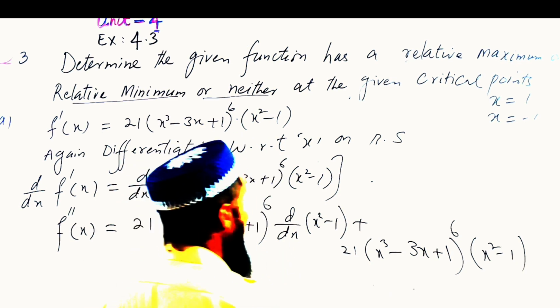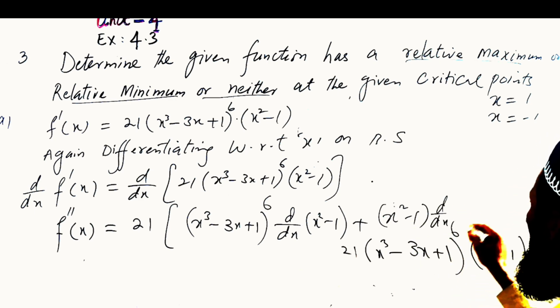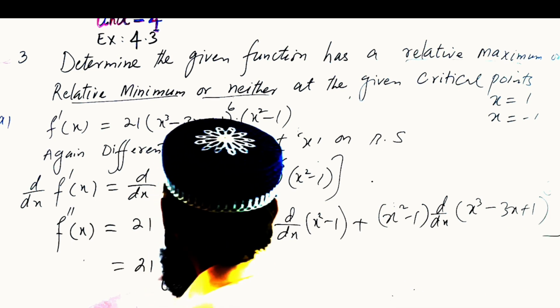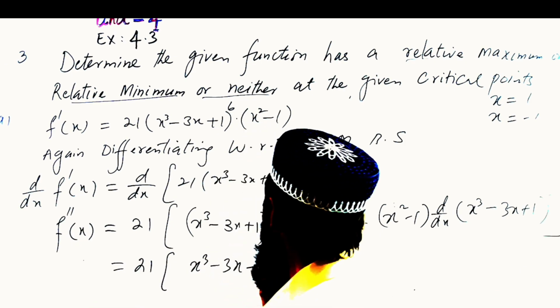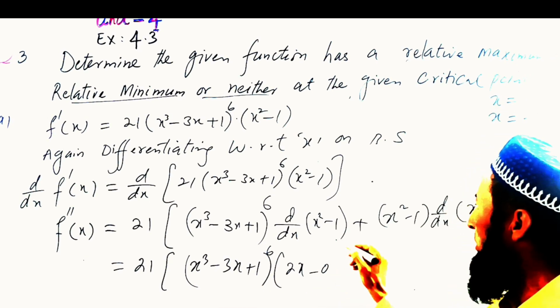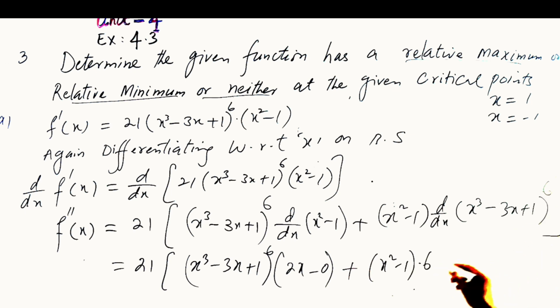We are using the product rule here: 21 is a constant, we take it outside. First function (x³ − 3x + 1)⁶ times the derivative of the second function (x² − 1), plus the second function (x² − 1) times the derivative of the first function (x³ − 3x + 1)⁶. The derivative of x² is 2x and of −1 is 0, plus (x² − 1) times 6(x³ − 3x + 1)⁵, using the power rule, and further the derivative of this function, 3x² − 3.